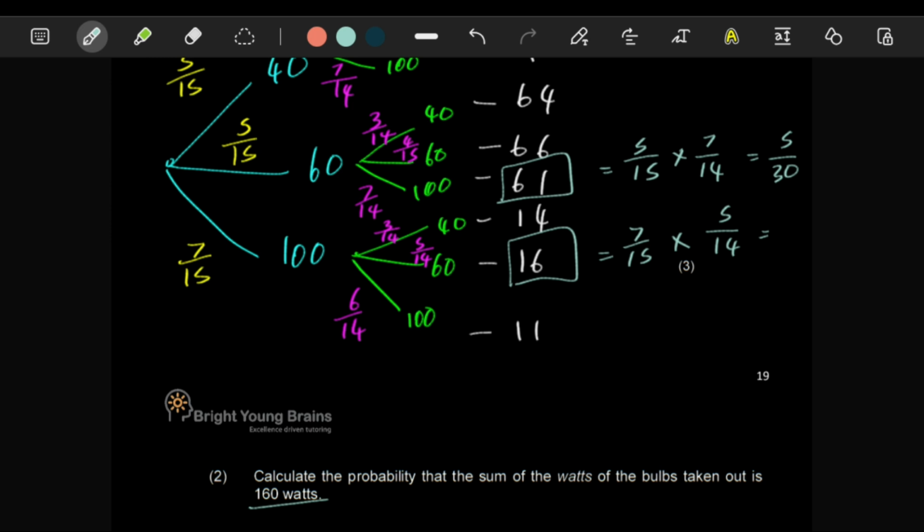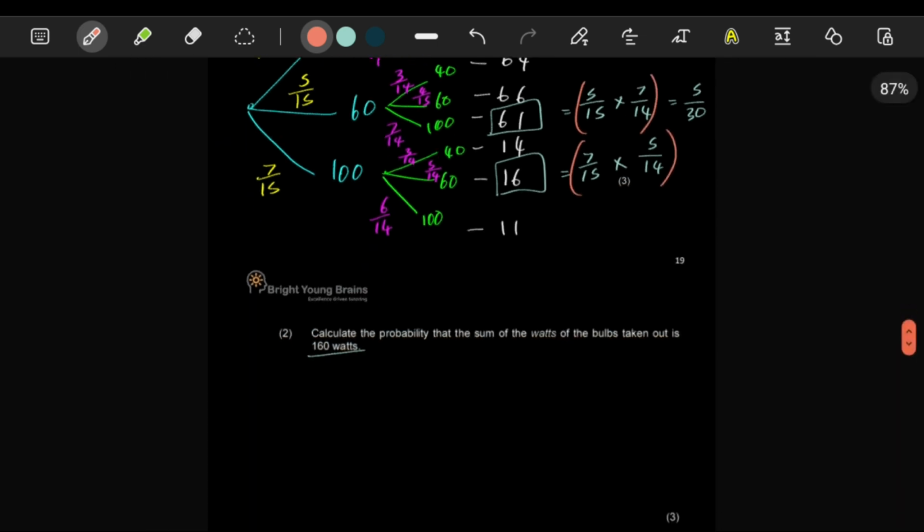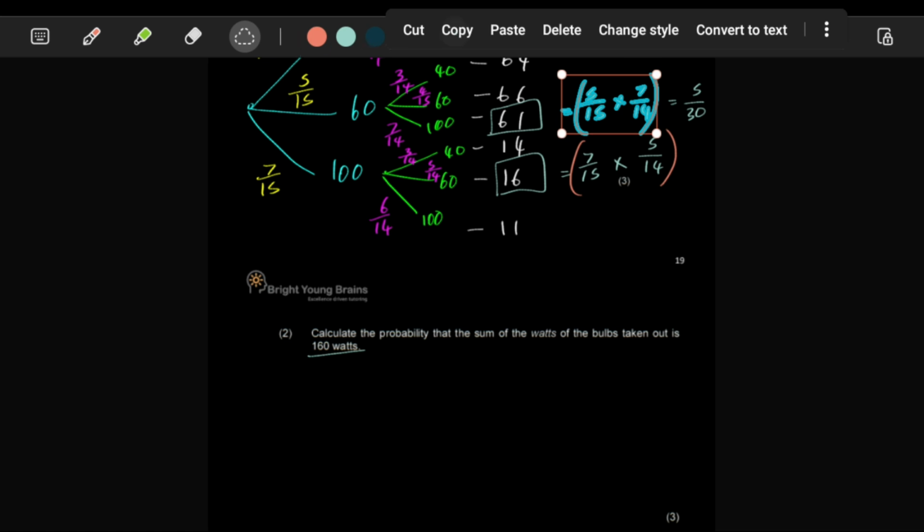I've got to use the calculator. Calculator, please help. But whichever way, this really doesn't matter. Let me not even bother getting the answer here, because all we have to do is take this and add that. That's all we have to do. So here, let's take this, copy it.